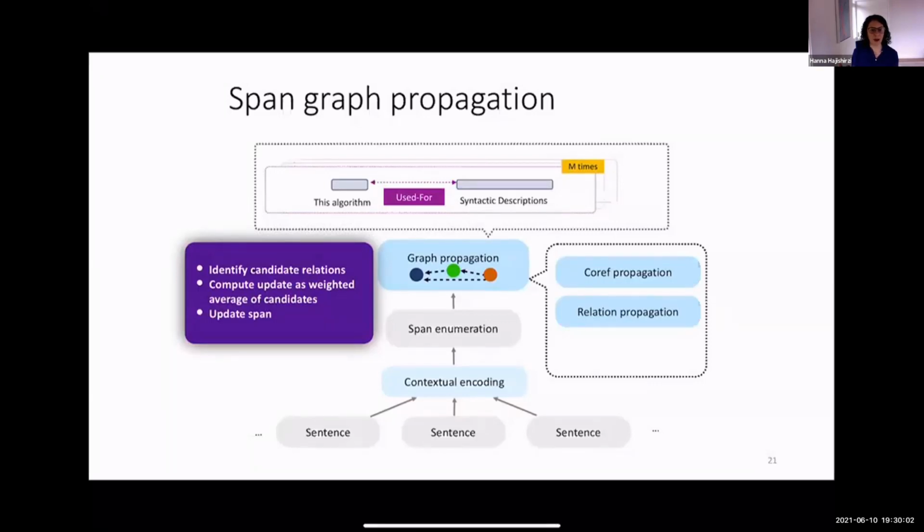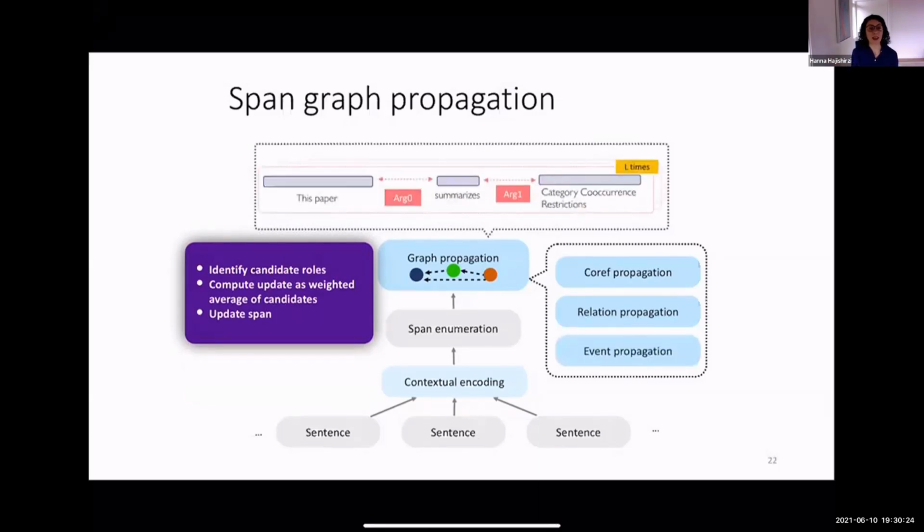We do the same process: we do a weighted average over the things that are related, and we do it for several iterations. For relations, at this point, we are doing it within context to deal with scalability.